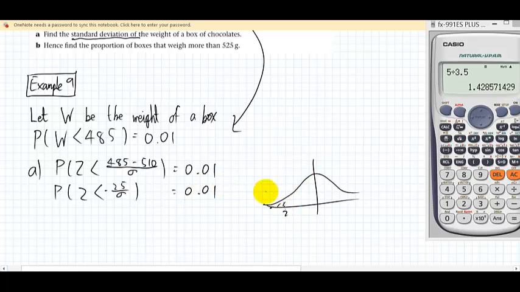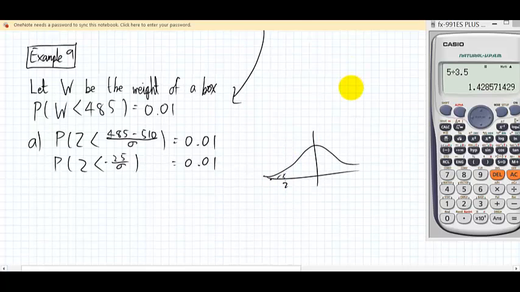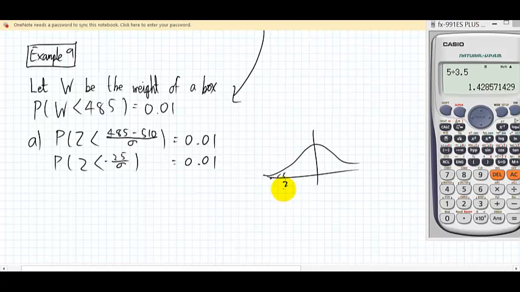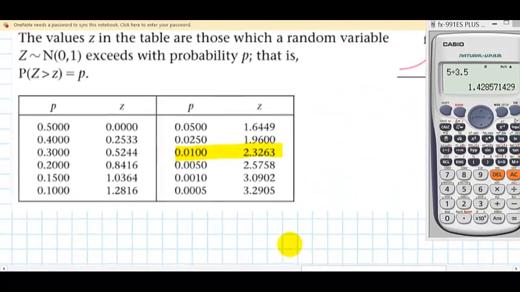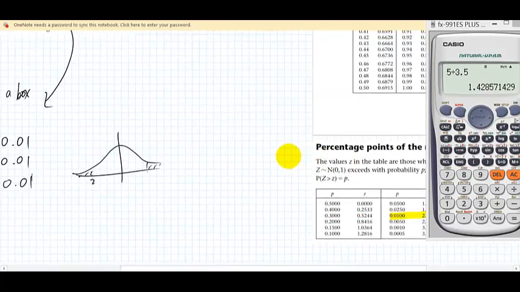Let's draw the graph. Z being less than this negative number is 0.01 because it's a small probability. So it's a less than negative form. Let's flip it using the symmetry, 25 over sigma, and that's going to give us the same area, 0.01. Now this is in a bigger than positive form, but it's a nice percentage, so we can use the percentage table, and the 0.01's corresponding Z value is 2.3263.